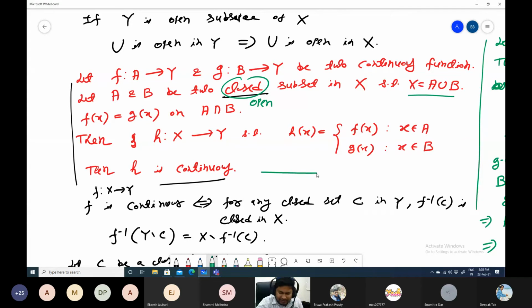We generally take a closed set, this to this, and then we take another function on another set, this to this. This is a closed set, this is a closed set, and they share only one point, which is also closed. So if we take the function like this, then it will be continuous.